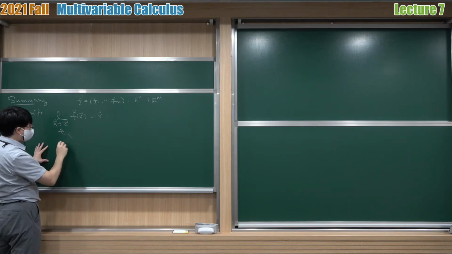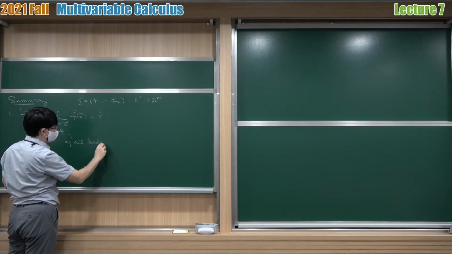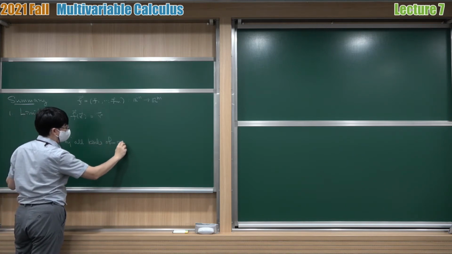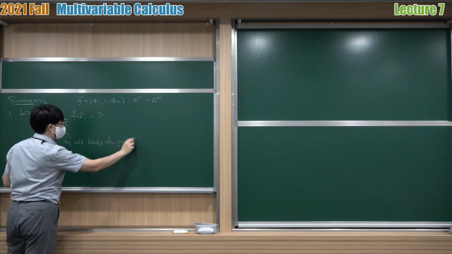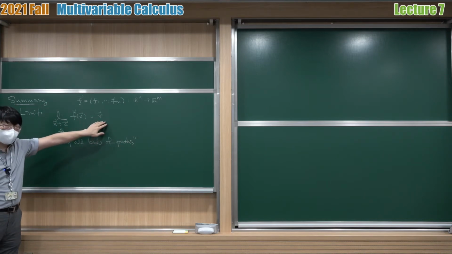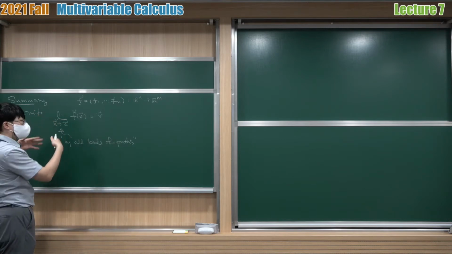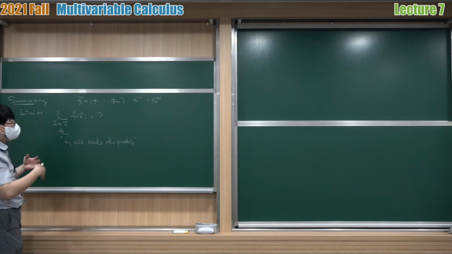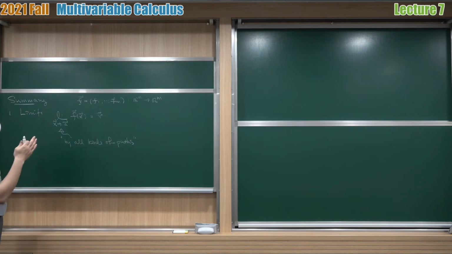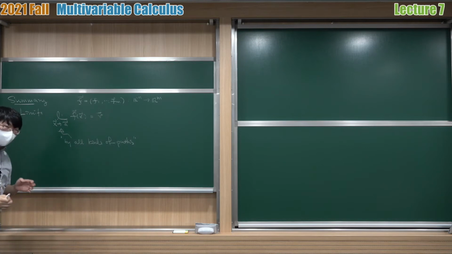So by all kinds of paths, we should check that the limit equals some value. In other words, if you want to show that the limit does not exist, then you can find two different paths along which the limit of the value of function f is different. Okay?